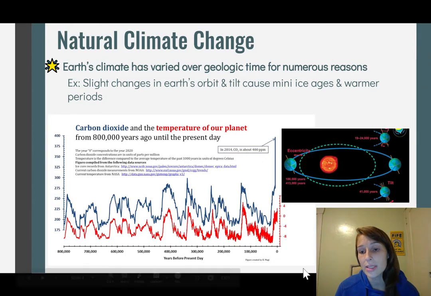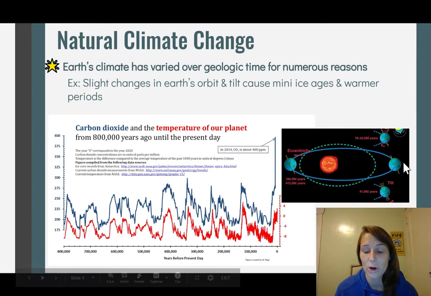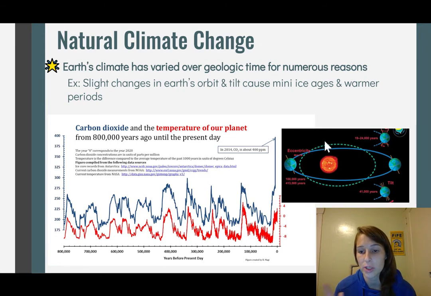So if we look at this diagram here, you can see that because the Earth orbits not in a perfect circle, but in an oval, you're going to have certain times where you actually get a little bit closer to the sun. And then the tilt of the Earth also just ever so slightly shifts so that you're going to potentially get changes.